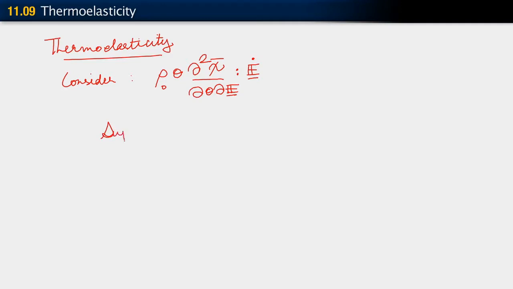Okay, so suppose we say that chi bar, or properly rho 0 chi bar, a function of E and theta, has the sort of dependence we'd suggested earlier, where there is one term, say C bar, which depends only upon theta, and we have our other term.